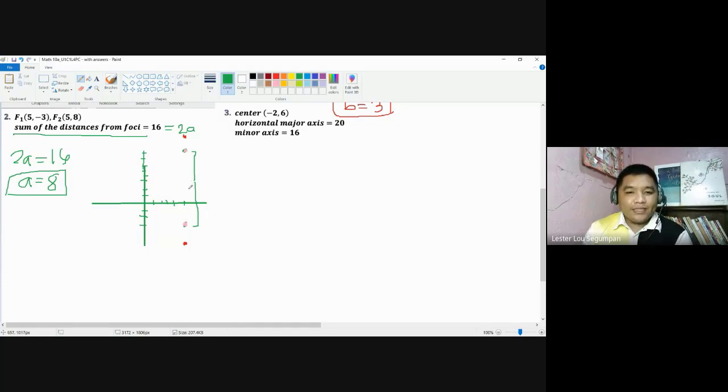May I repeat? The center is the midpoint of the foci. In short, we could use the formula for the midpoint. The midpoint is where you add the x coordinates and y coordinates and average both of them: x sub 1 plus x sub 2 all over 2, comma, y sub 1 plus y sub 2 over 2, and that would be your center.